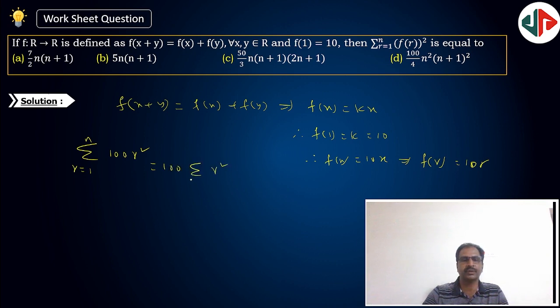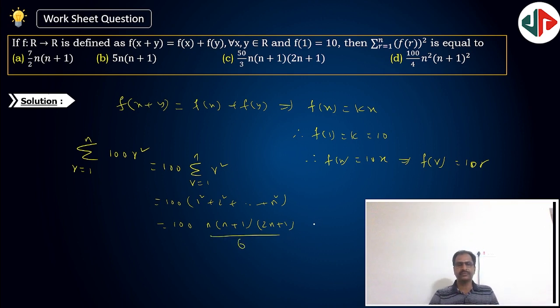Sigma r square, r is equal to 1 to n, which is nothing but 100 into 1 square plus 2 square plus so on up to n square. The sum of n natural numbers is n into n plus 1 into 2n plus 1 by 6.